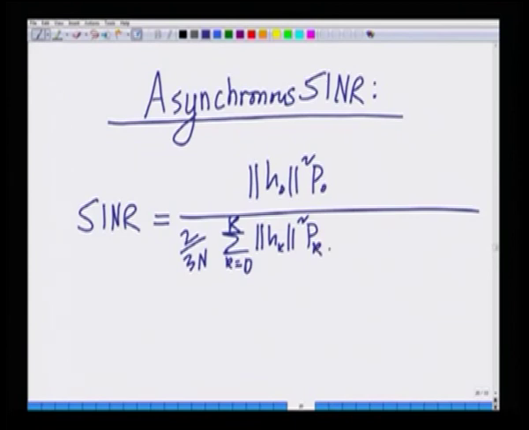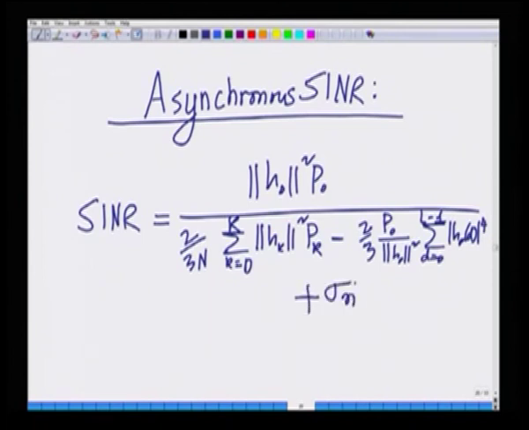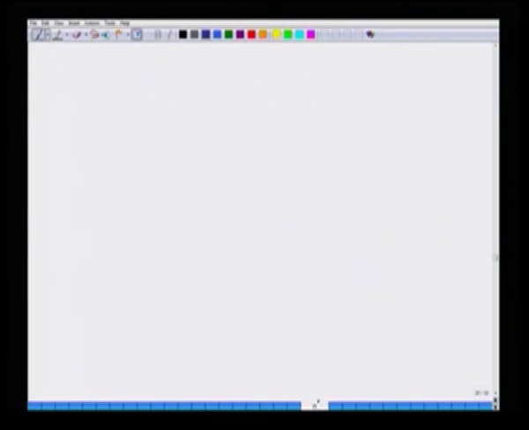Observe this factor of 2 over 3n arising from the asynchronous nature, minus 2 over 3 p naught divided by norm h naught square summation d equals 0 to L minus 1 magnitude h naught d to the power of 4 plus sigma n square. The sigma n squared factor does not change, that remains as before. There is a 2 over 3n, hence the net expression.